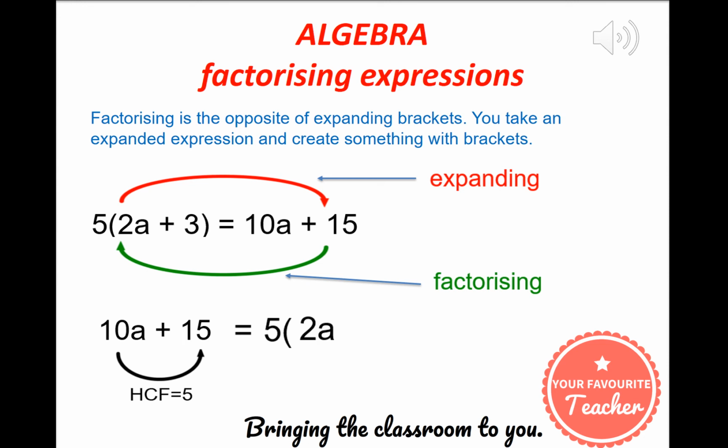So 5 times 2a is 10a. And then we think, 5 times what gives us 15? Obviously the answer would be 3. So if we look at our answer, it's the opposite of what we did previously, but we get the same result.